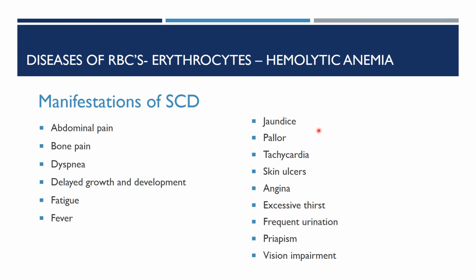Jaundice is the yellowing of skin due to red blood cell breakdown, right? During normal red blood cell breakdown, we break down hemoglobin into bilirubin and send it to the spleen to be processed.